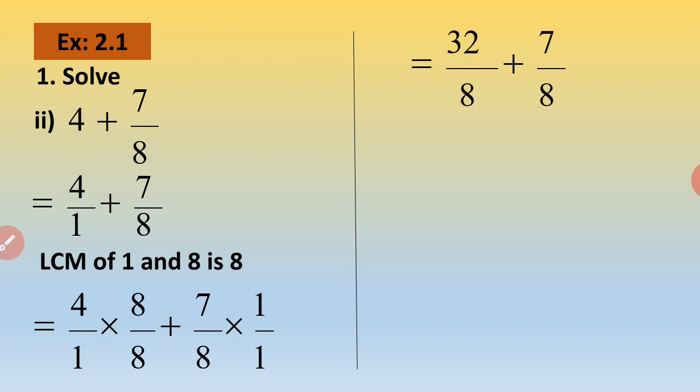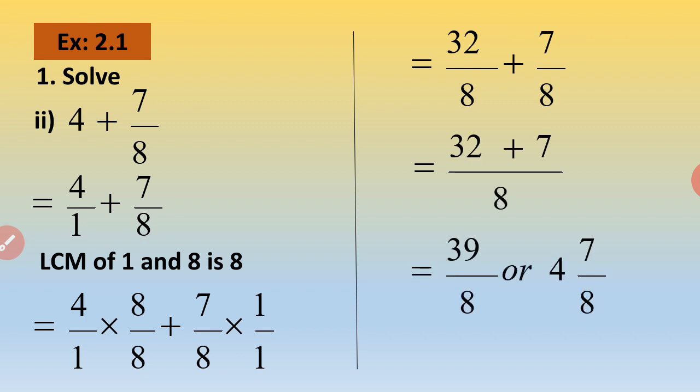Now we have the example converted into 32 by 8 plus 7 by 8 with the same denominators. Now we'll solve and we'll get the final answer. Now the final answer is an improper fraction. If you wish, you can convert it into a mixed fraction also.